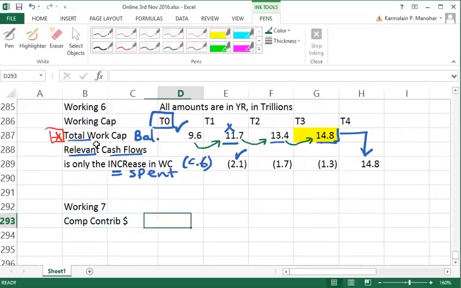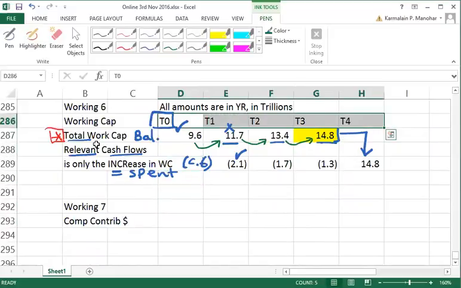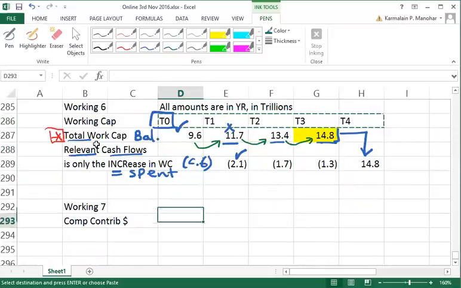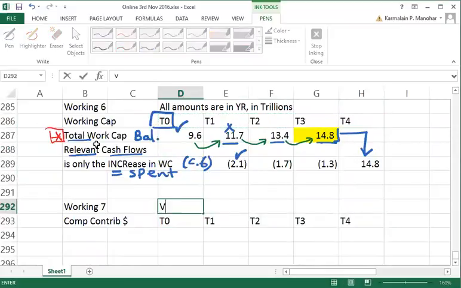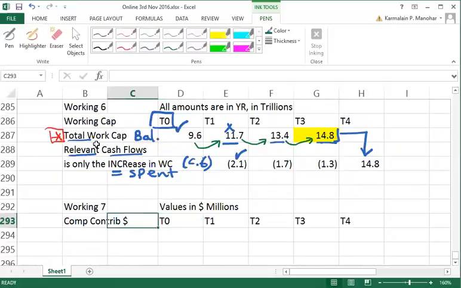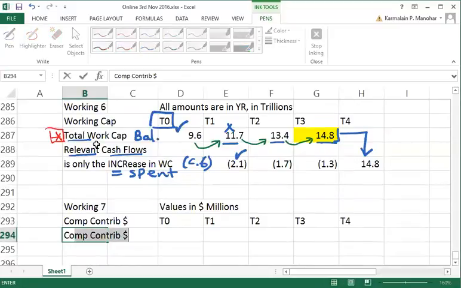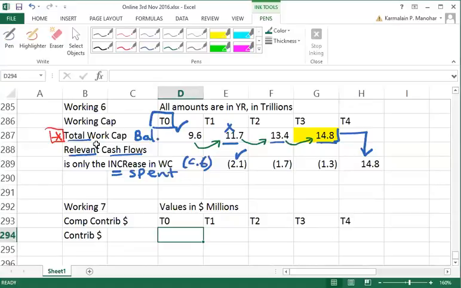So this is in dollars. I could still take my years. Values in dollars, millions now. So component contribution. Contribution dollars. And I need the amount of units. This was 120 first of all.